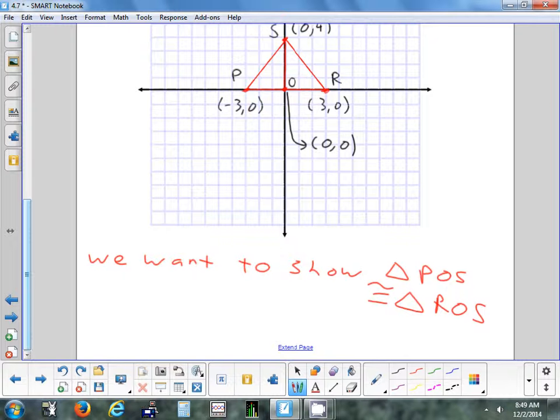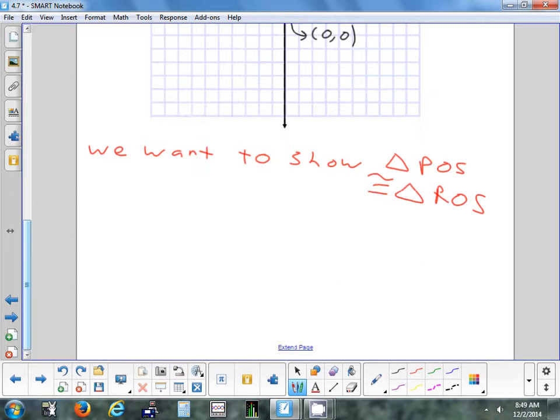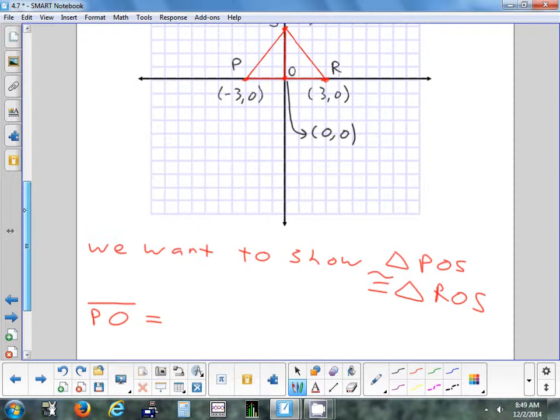Any question on the goal? Okay, let's start by finding the length of segment PO. What's the length of segment PO?